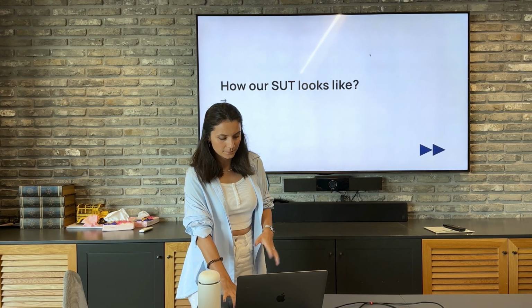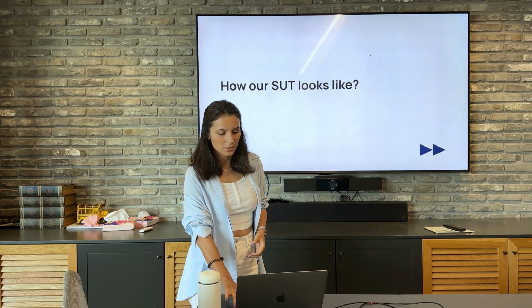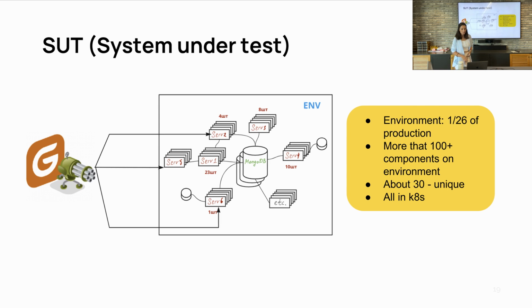To go further, let's see what our system under test looks like. It's not a very good picture, but it still shows that we have some environment. On this environment, we have more than 100 components, actually 126 or even 130 of real production.